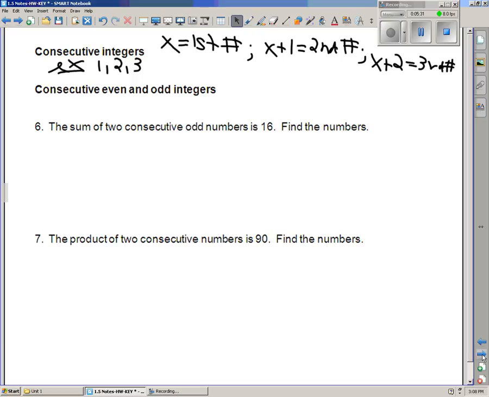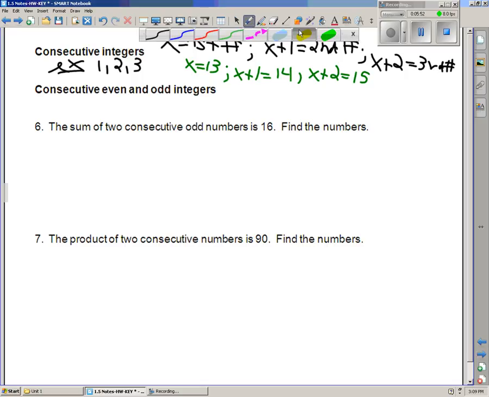So for example, if you were to choose some random value, let x be, I don't know, 13. So if we want x to be 13, then x plus 1 is 14, x plus 2 is 15, and those numbers are in fact in consecutive order. So what you need to know is the setup. The x plus 1, and the x plus 2.